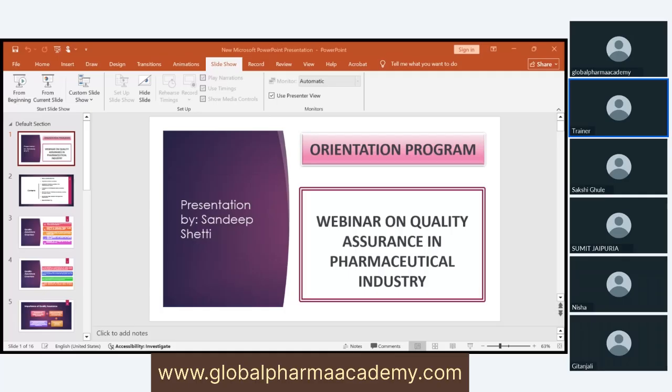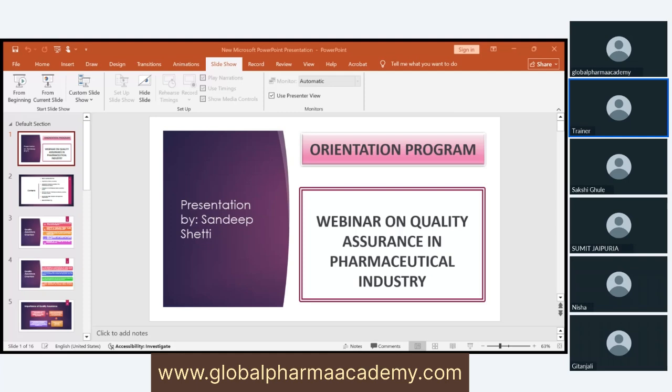Because mainly quality assurance ensures, suppose in the pharmaceutical industry, mainly we have pharmaceutical dosage forms, as you all may know, that is tablets, capsules, liquid orals, injectables, topicals. So these are the products which the pharma industry manufactures. Quality assurance ensures, or assures also, ensure and assure.